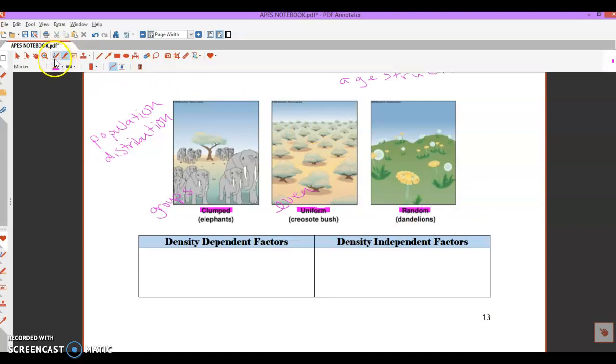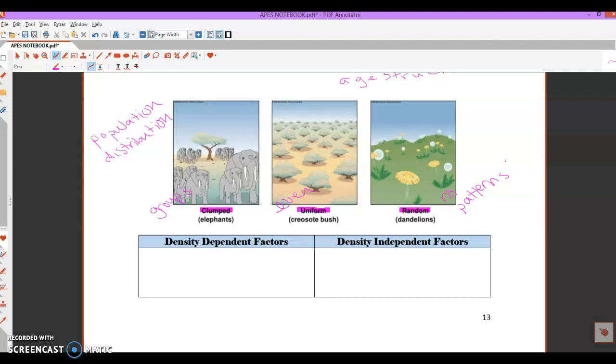So when we talk about things being random, there's really no set pattern to them. So with random, we say there is no pattern. And so dandelions are a really good example of that. And, you know, when you pick up the little dandelion and you blow on it and make a wish like you did when you were a kid, that's what creates that pattern, because the wind is carrying those seeds to where they are eventually going to end up.